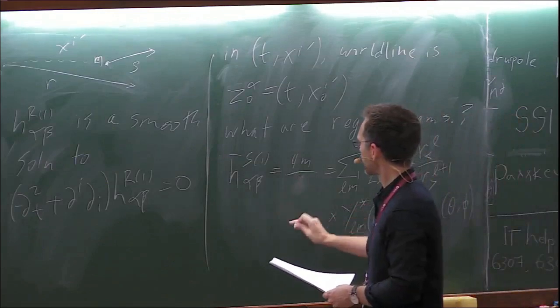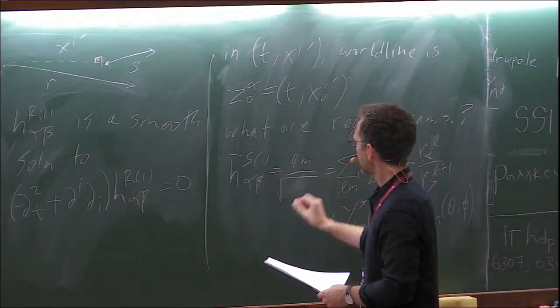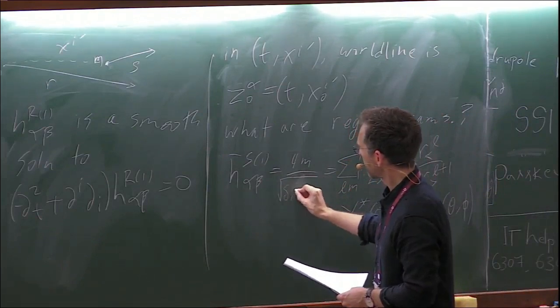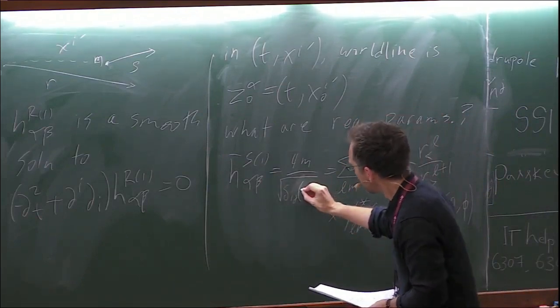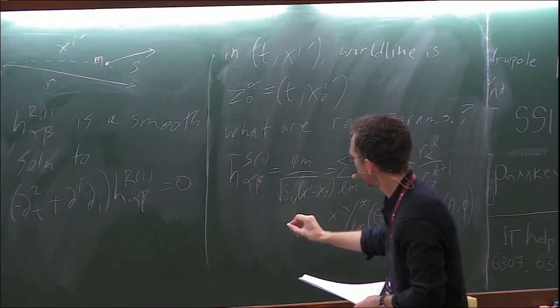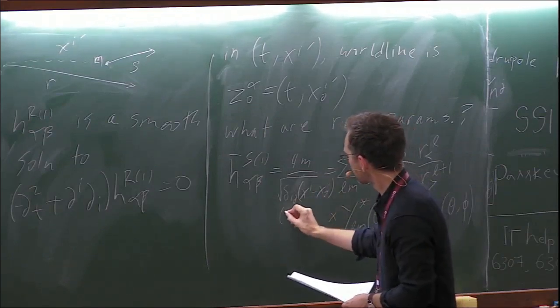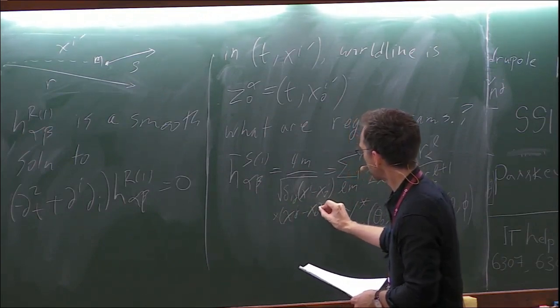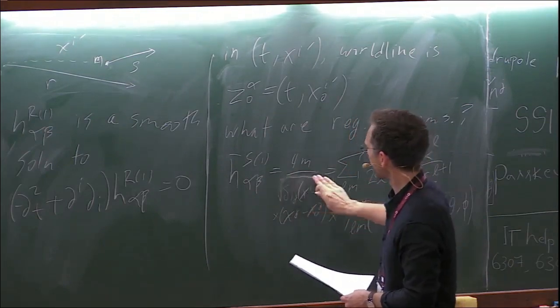So we can write this s as the square root of delta ij, x^i minus x_0^i, times x^j minus x_0^j. Square root around that entire thing.